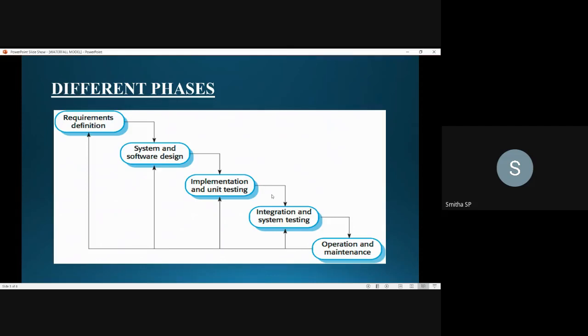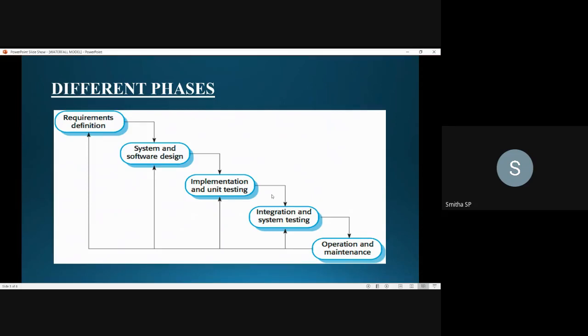It starts with the requirement analysis and definition phase, where all the requirements are collected from the customer. Requirements are nothing but the set of functionalities that the system should perform. The system services, constraints, and goals are established by consultation with the system users. Then they are defined in detail and serve as a system specification.